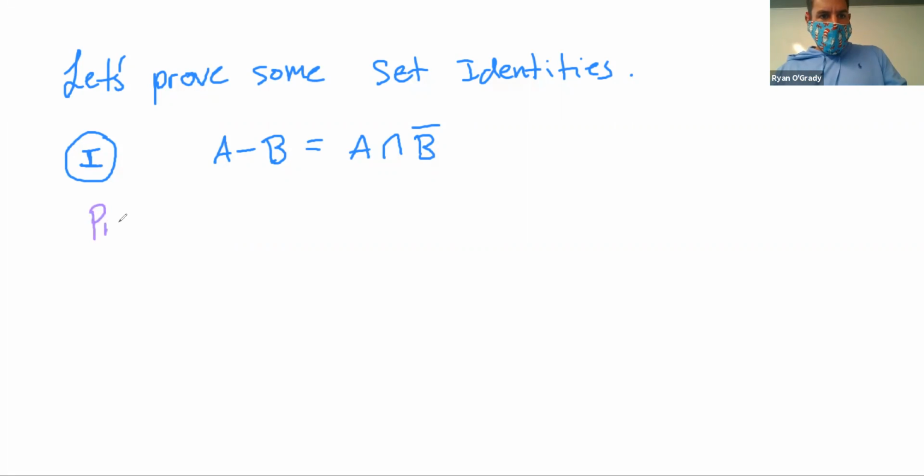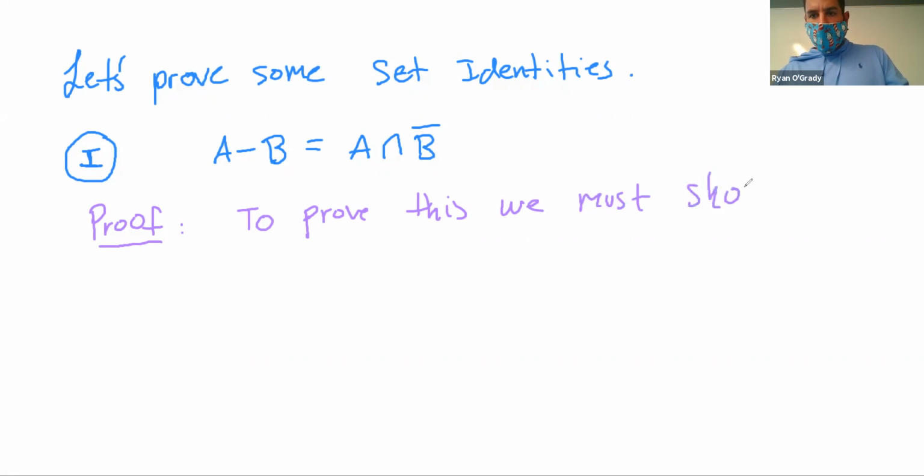So first off, we talked about this last week. How do you show 2 sets are the same? So to do this, one way of doing this is we must show each set is a subset of the other.